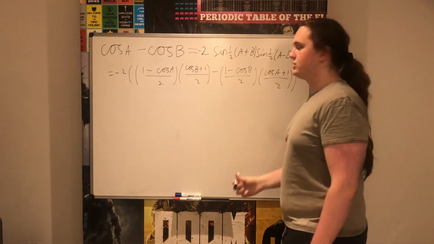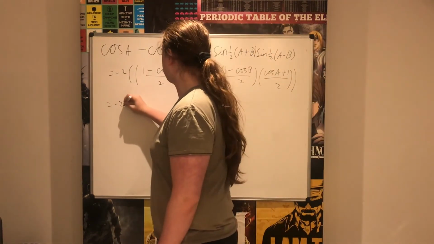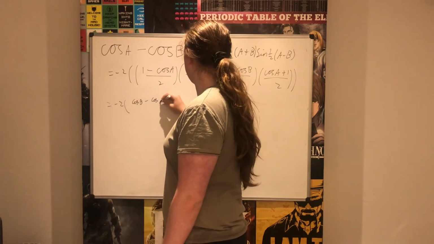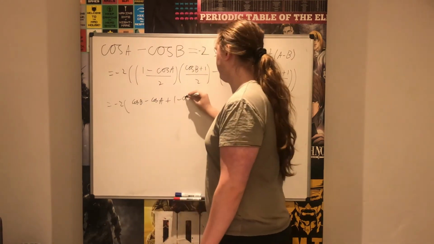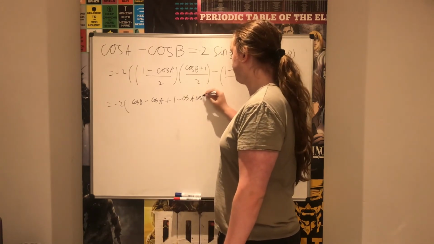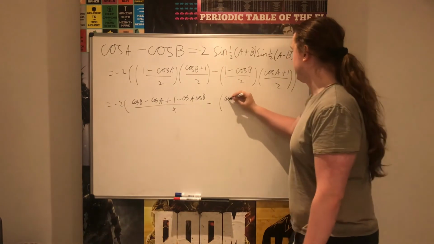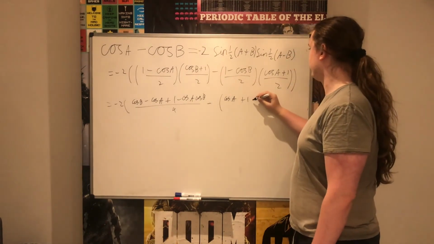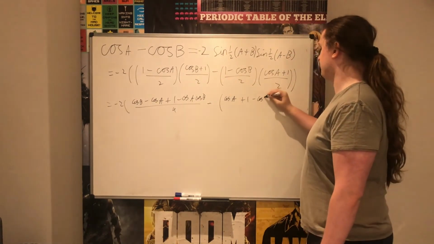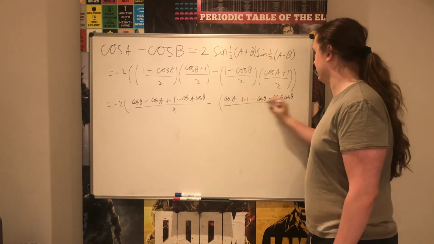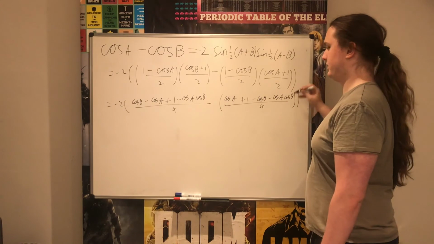So expanding these two inner brackets gives minus 2 times cos b minus cos a plus 1 minus cos a cos b over 4, minus cos a plus 1 minus cos b minus cos a cos b over 4.